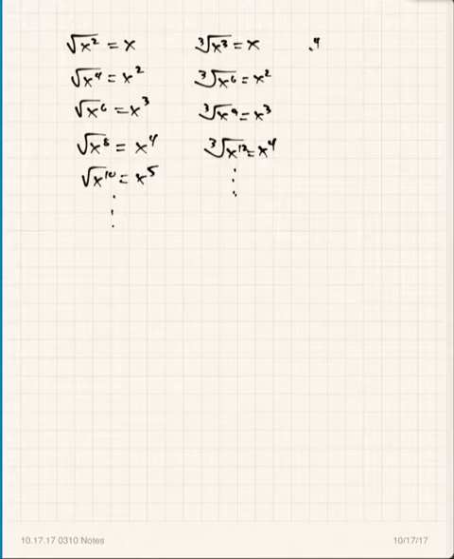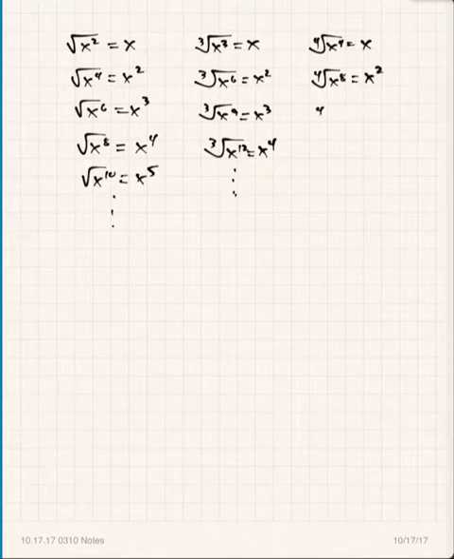With fourth roots, we divide the power by 4. So the fourth root of x to the fourth would be x. The fourth root of x to the 8th would be x squared. The fourth root of x to the 12th will be x cubed. Fourth root of x to the 16th would be x to the 4th, and so on.